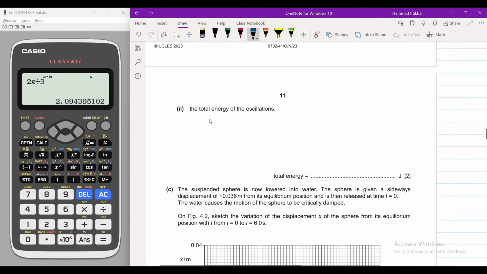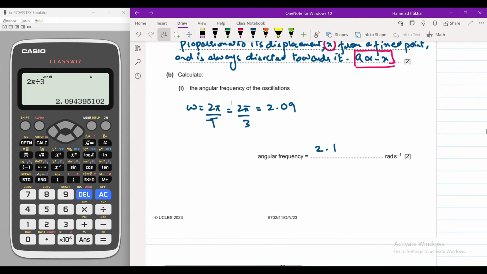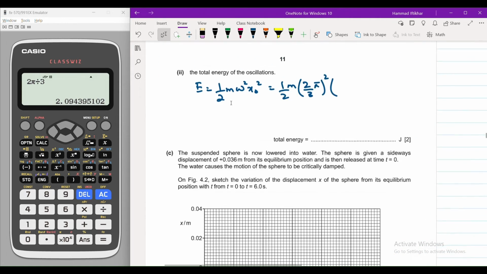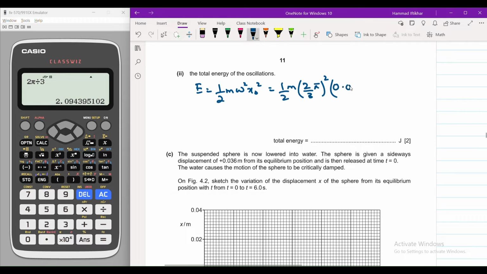The total energy of the oscillation. The total energy of the oscillations is given by half m omega squared x naught squared. So half m, omega was 2 pi over 3, whole squared, and x naught, the amplitude, was 0.036 meters, squared.